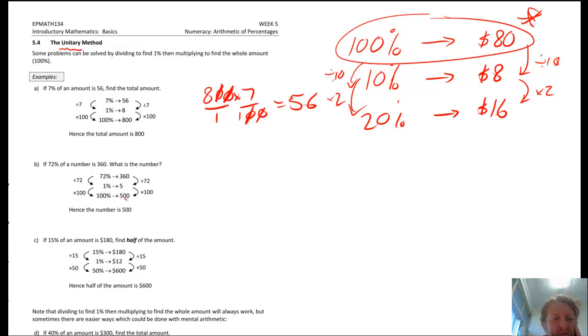Great, the original number was 500. Again, let's check that 72% times the number which we believe to be 500 is 360. Again, I've lost 2 zeros already. The bottom just says 1 by 1, and 72 times 5 is 360. Yeah, all good.